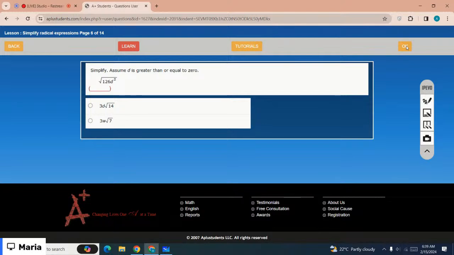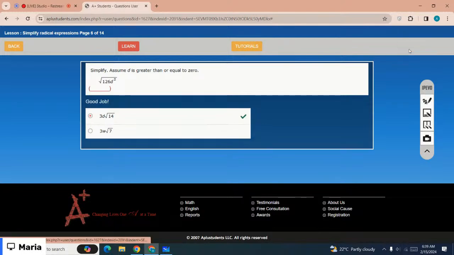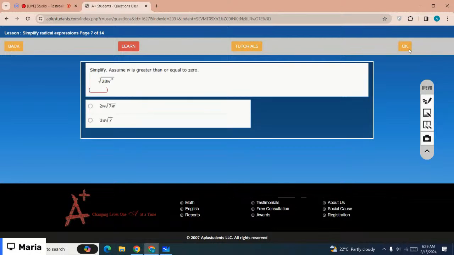Option number 1 is the correct option, right? Okay, square root of 28 w cube, which is the correct option.